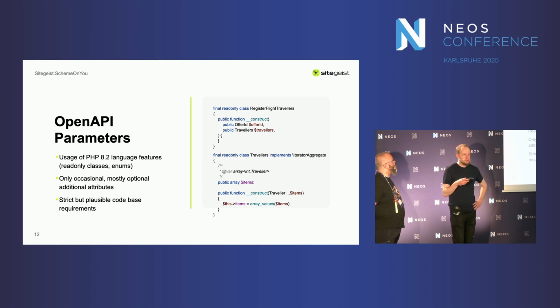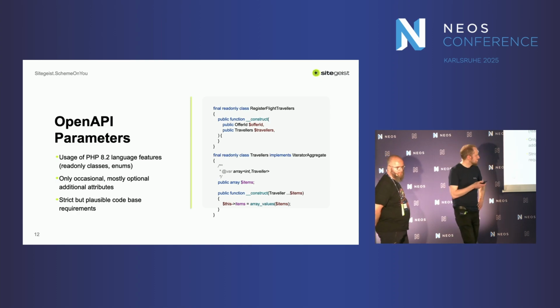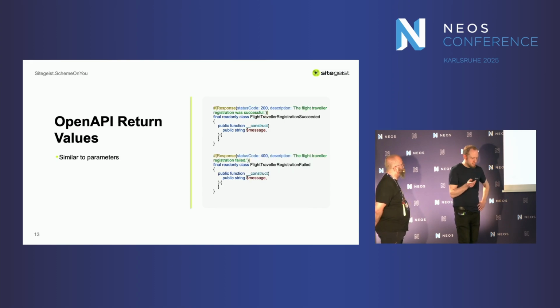If you want to add a description to your type, you can also, of course, do that, but you don't have to if you don't want to. So yeah, there are quite some requirements to your code base. You also have to add Flow proxy false, because otherwise the serialization wouldn't work, but you don't need proxies here anyway, because don't inject stuff into value objects, please. But that's basically the only requirement.